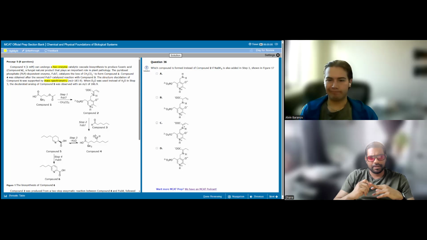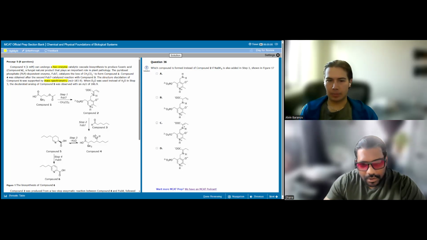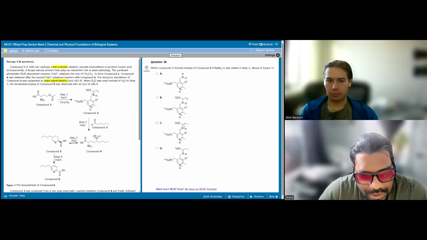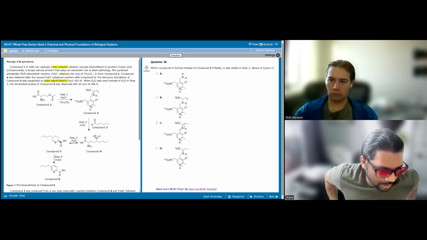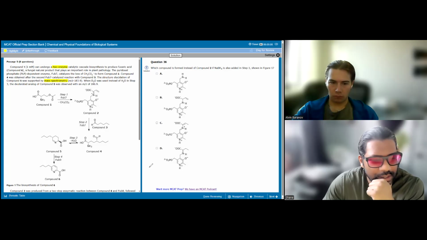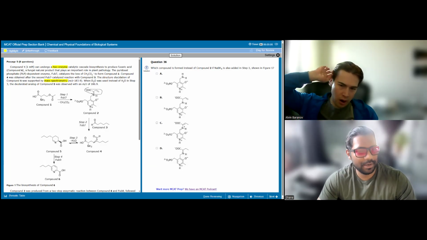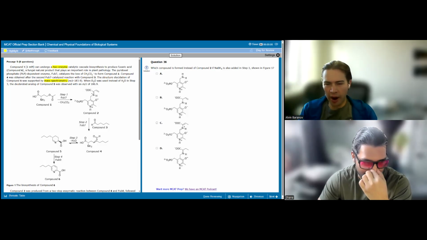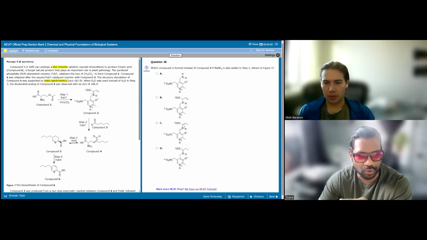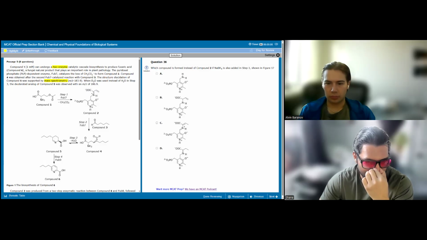Well, let's see. Okay, so this one gets this entire thing removed, which won't happen because the NaBH4 is too weak to reduce that carboxylic acid.